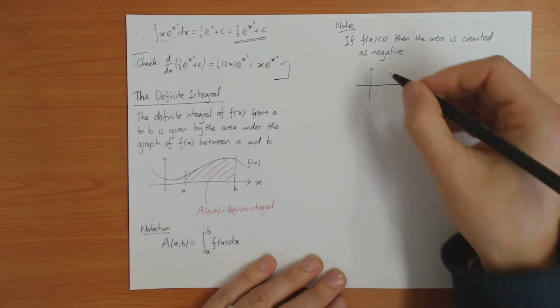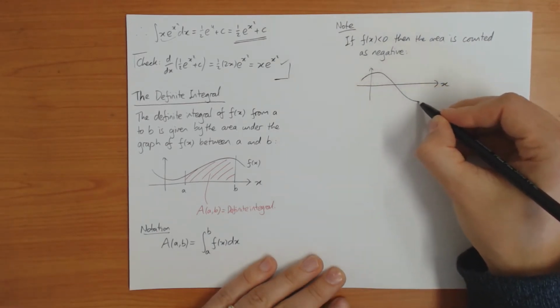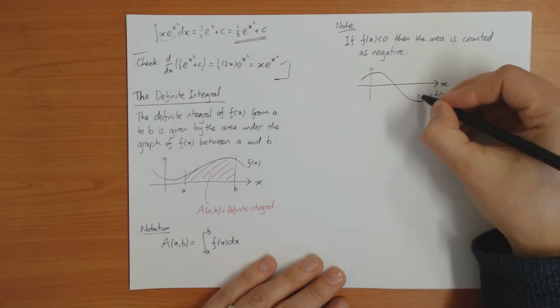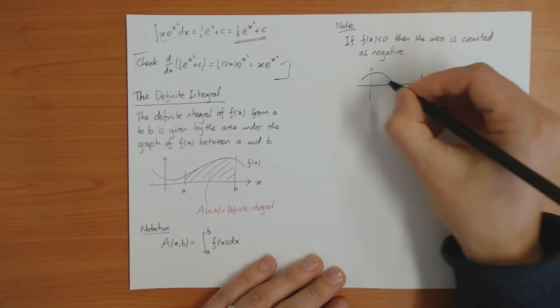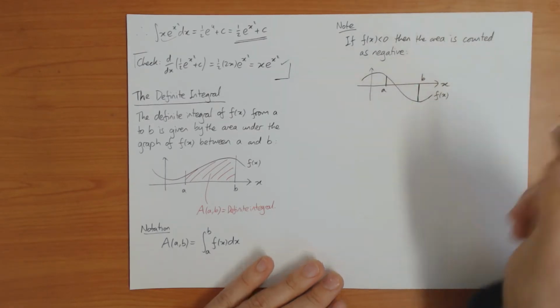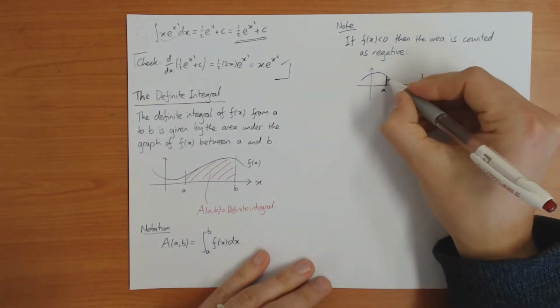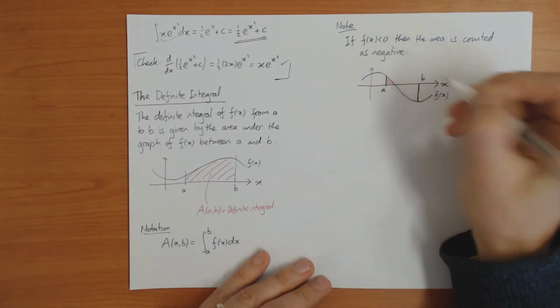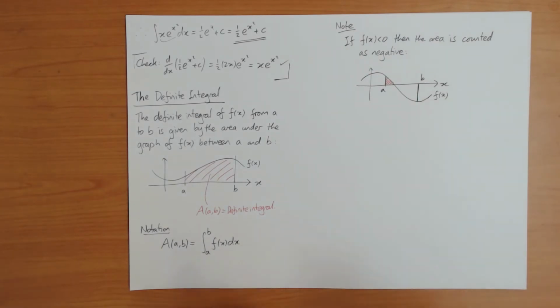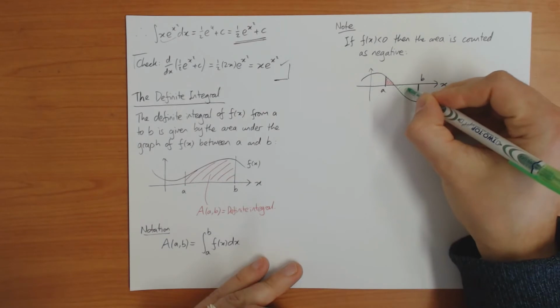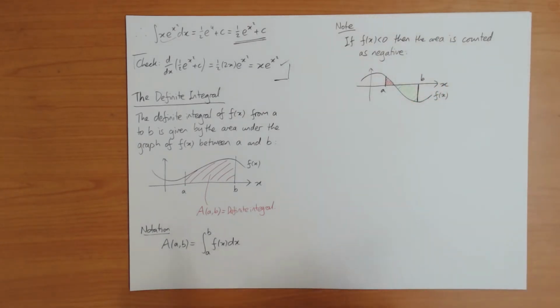Suppose I've got a function f of x again, but this function now has both positive and negative values, and I choose some points, b here, a here. Then the area here, this part, is counted positive, but the area down here, this part, is counted negative.